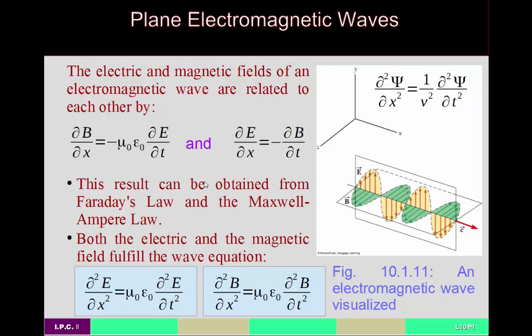Maxwell's equations actually are some of the most fundamental equations in all of physics. Maxwell's equations basically might be ranked up there with, for example, Newton's laws of motion as far as their importance goes.